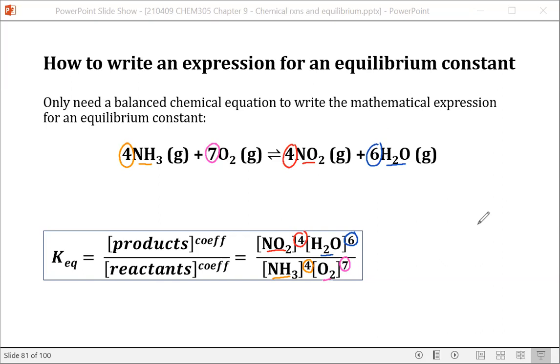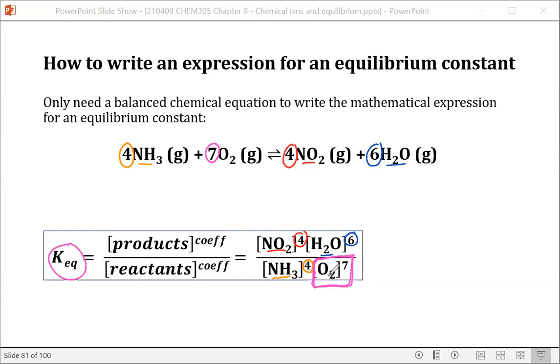And so then a typical problem, and we'll do an example at the end, would be you're given a chemical equation, you're given the concentrations of products and reactants, and you write the expression, and then you plug in the given concentrations to calculate KEQ. Another common type of problem is you might be given KEQ, and you're given the concentration of everything in the chemical reaction except one thing, and you might be then asked to solve for the concentration of O2.